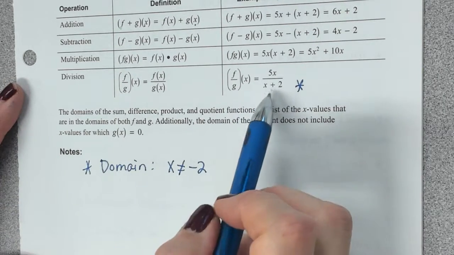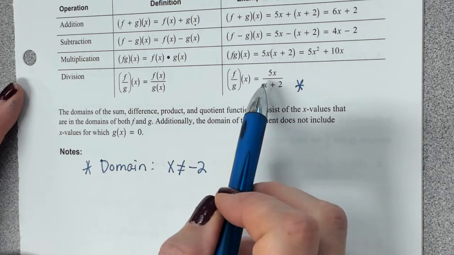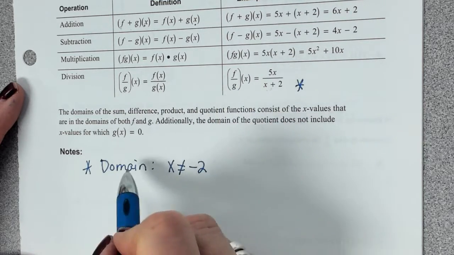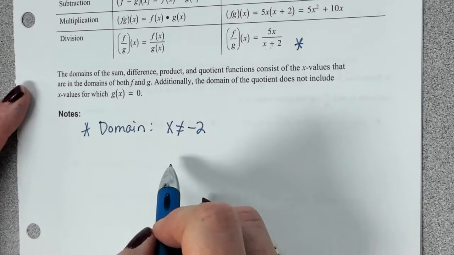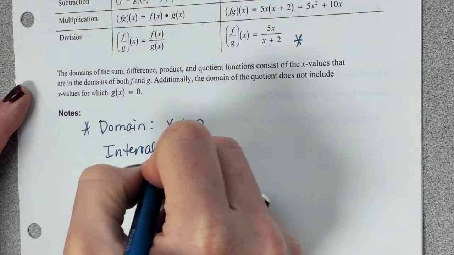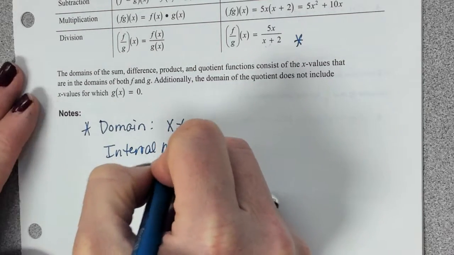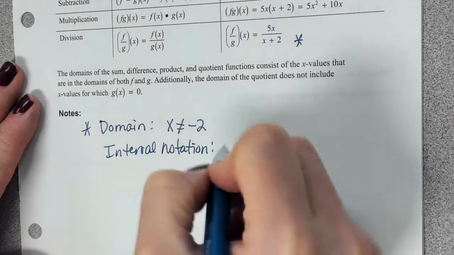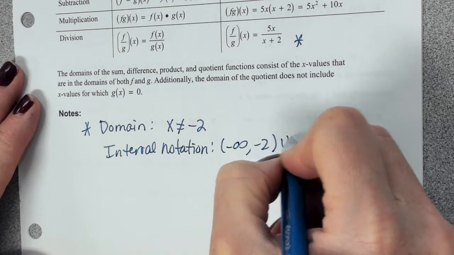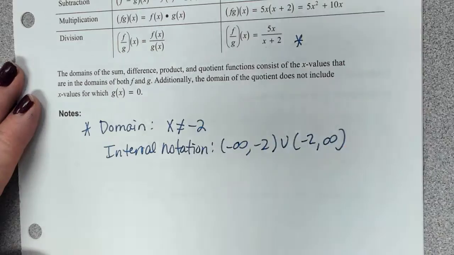Because if x equals negative 2, then I'm going to be dividing by 0. So for this resulting function that we get, we would say the domain is x cannot equal negative 2. If I wanted to write that in interval notation, it would look like this. It would go from negative infinity to negative 2, union negative 2 to infinity.